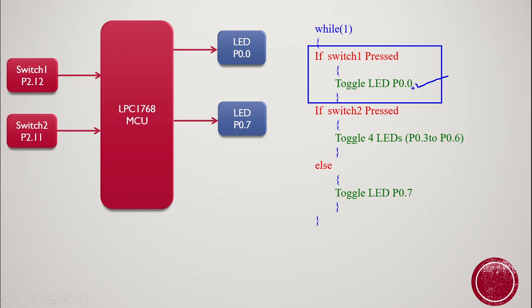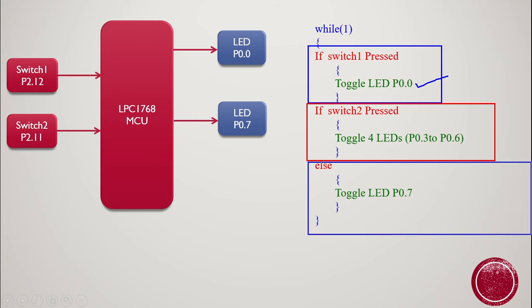Second scenario: if switch 2, which is connected to P2.11, is pressed, I have to toggle 4 LEDs which are connected from 0.3 to 0.6, and if no switch is pressed, I have to toggle 0.7. So condition 1, switch 1 pressed, P0.0. Condition 2, switch 2 pressed, 0.3 to 0.6, and then else 0.7.